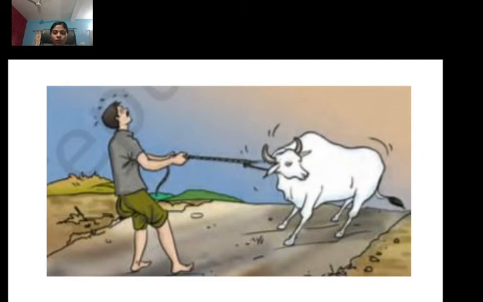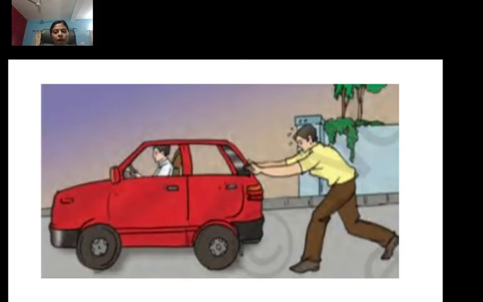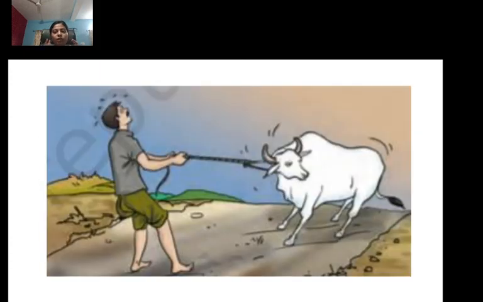So now our topic is that forces are due to an interaction. These pictures infer that at least two objects must interact for a force to come into play, because one cannot apply any kind of force alone.